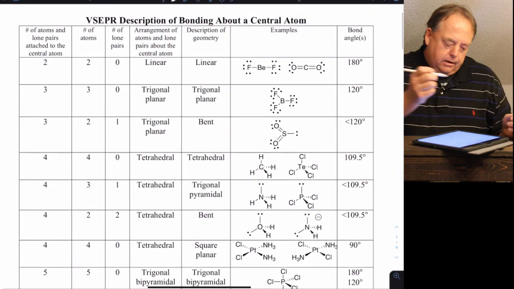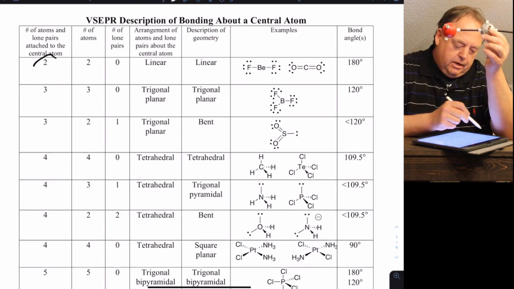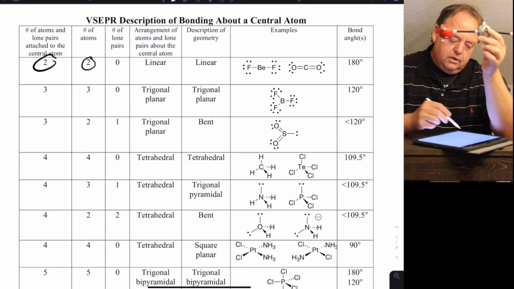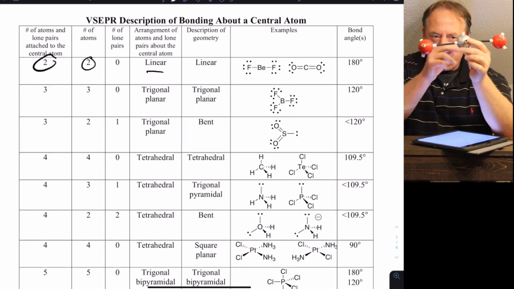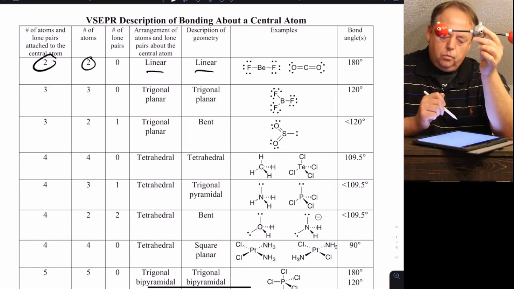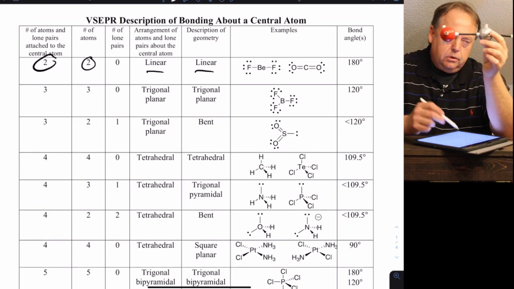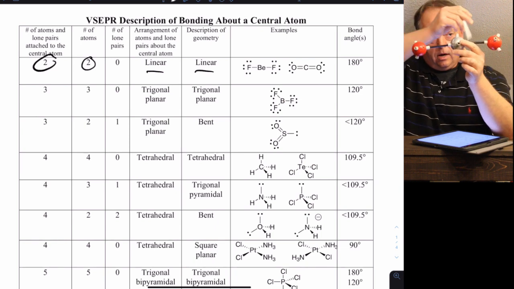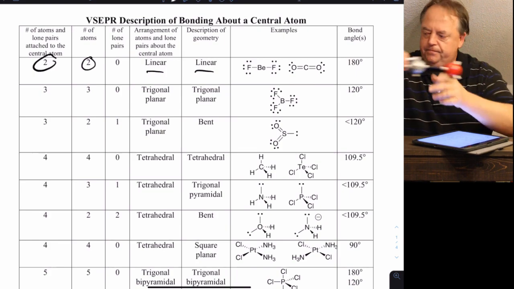If you have a central atom with 2 atoms attached and no lone pairs, then the arrangement of all of those atoms is going to be linear, and the geometry is going to be described as linear as well. And so then we'll also be looking at bond angles in this chapter. So the bond angle between fluorine, beryllium, and fluorine, or oxygen, carbon, and oxygen, obviously would be 180 degrees.